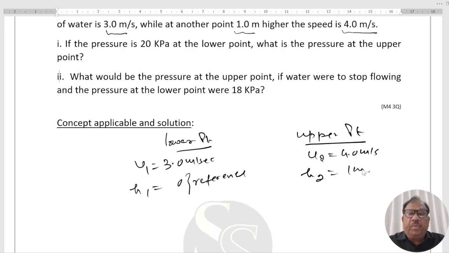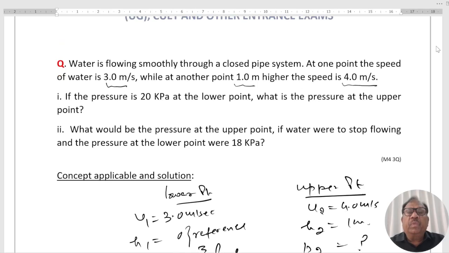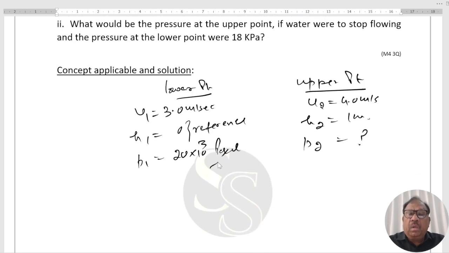If the pressure at the lower point P1 is 20 into 10 to the power 3 Pascal, that is an SI unit. P2 we have to determine. Water is flowing. Density of water, if it is mentioned then use it, otherwise you have to consider 10 to the power 3 kg per meter cube.